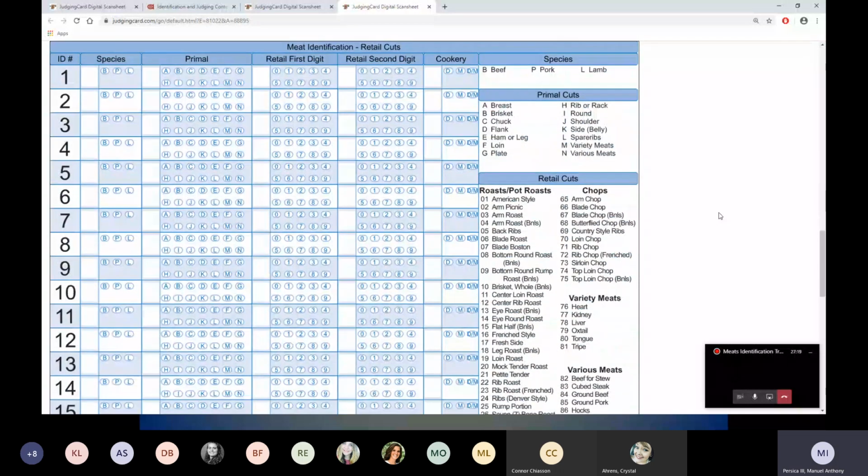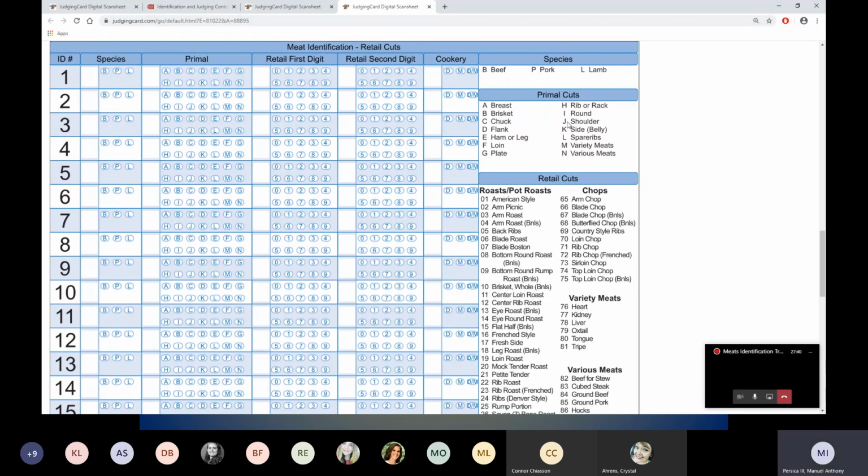Move down to the next sheet, meat identification. It's identical to the forms that you'll have right now or have copies of to work with. You got your species, your primal, your retail cut first digit, your retail cut second digit, and then your cookery.